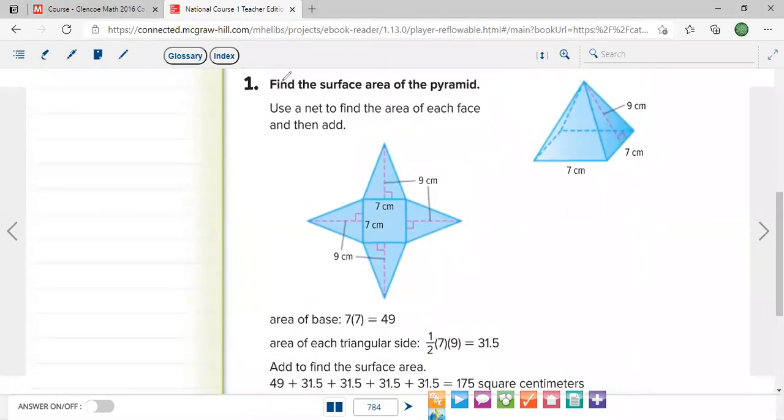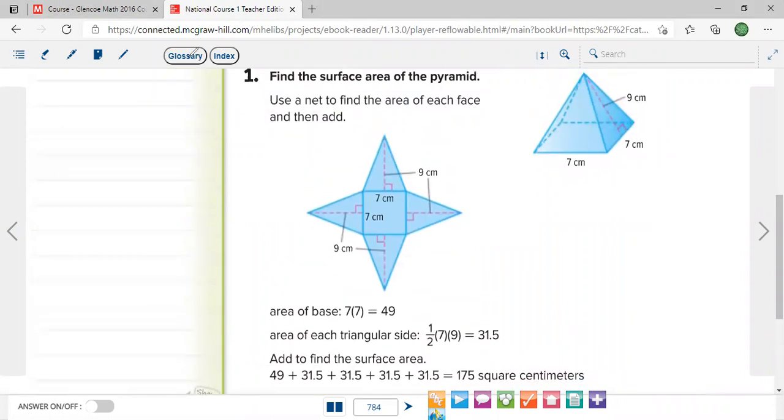Example. Find the surface area of the pyramid. Use a net to find the area of each face and then add. This is the method of the book. The method of the book says that you are going to find the base. This is the base, so 7 by 7.